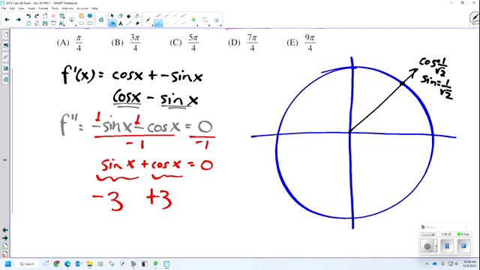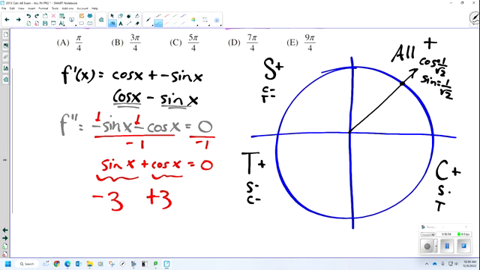I want one to be positive and one to be negative. So in the first quadrant, all of them are positive. In the second quadrant, sine is positive, but cosine and tangent are negative. In the third quadrant, tangent is positive, but sine and cosine are both negative. And in the fourth quadrant, cosine is positive, and sine and tangent are both negative.